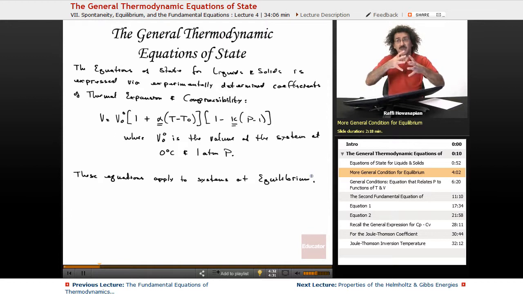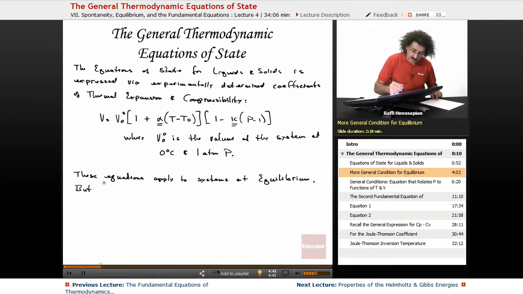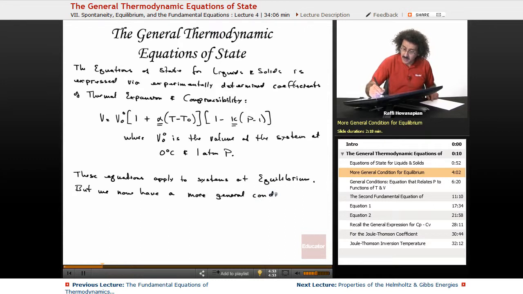We've talked about this general condition of spontaneity, a general condition of equilibrium.